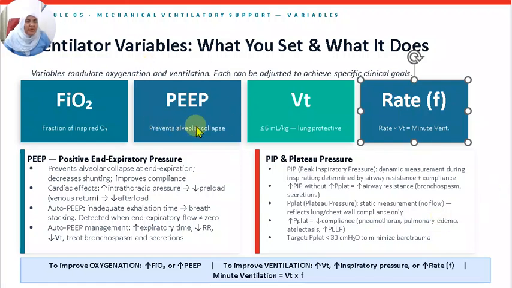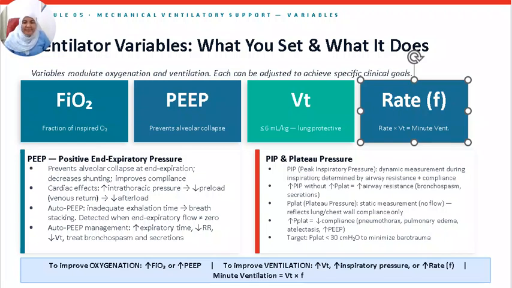The PEEP is the one that keeps the alveoli open. But in the case of auto PEEP, what happens is that when there is not enough time to fully exhale before the next breath starts, there is what we call breath stacking, no? So the chest gets more and more inflated, and it causes increased intrathoracic pressure.